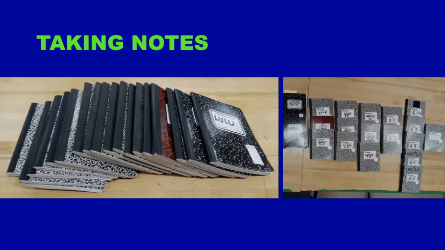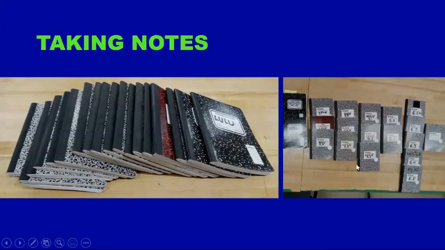This class is lecture heavy, and that picture right there is my notebooks from my art history classes that I was taking up until recently. I'm a slow reader, and I don't always remember what I read, so I take a lot of notes. On the right side, each one of these columns is a different class. I took 6 different art history classes. In this one, I used 2.